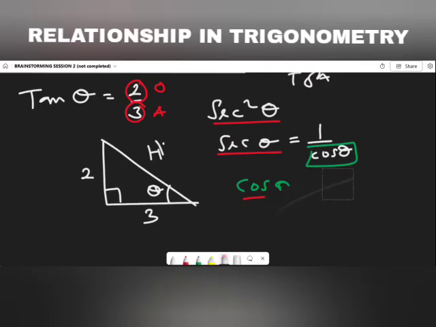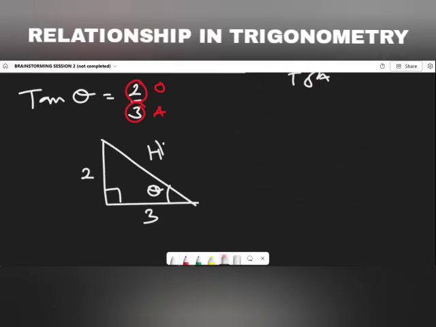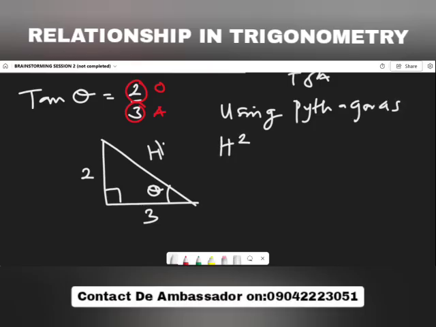A quick one. Using Pythagoras theorem, I'm going to have that a square, which is my hypotenuse, equals 2 square, which is my opposite, plus 3 square. So a square equals 2 square, which gives 4, plus 3 square, which gives 9.